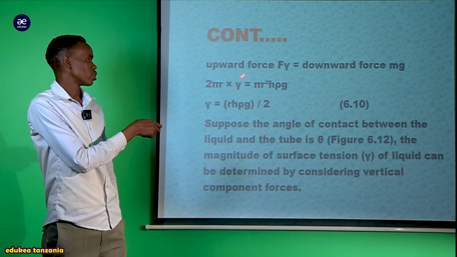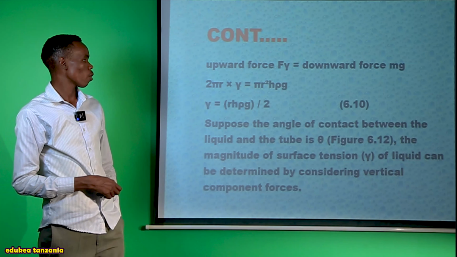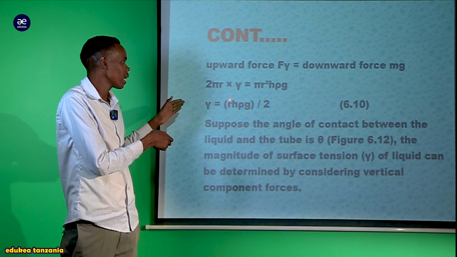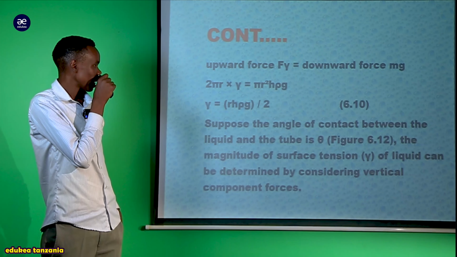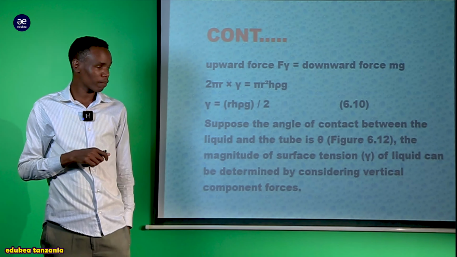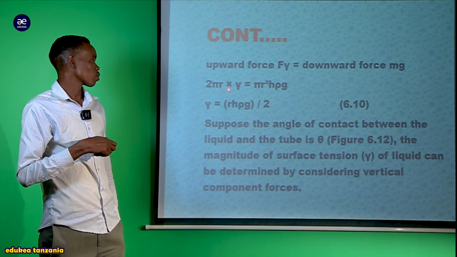Now, if we substitute the upward force, which is equal to 2 pi r times the surface tension, equal to pi r square h times the density times the acceleration due to gravity, we should obtain that because the pi r is found on both sides, we are supposed to cancel or divide by pi r on both sides. If we divide, we should remain on the left side with 2 times the surface tension, which is equal to r times h times the density times the acceleration due to gravity.